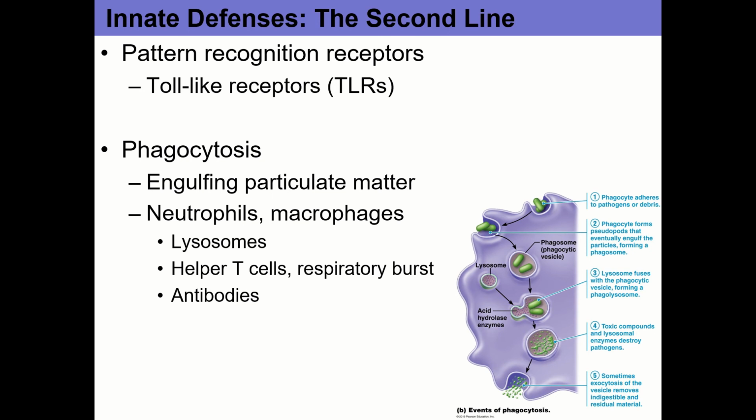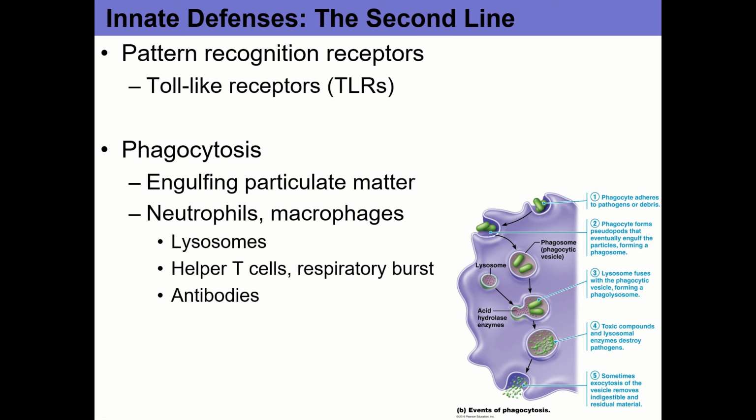It pulls that bacteria inside of itself into a phagosome, and then it's going to combine that little vesicle, the phagosome, with its lysosome. Remember, the lysosome is like the cell's stomach, a really highly acidic environment. So it's going to move that bacteria inside of its own stomach, digest it into little protein fragments and whatever else is left, and then excrete those.